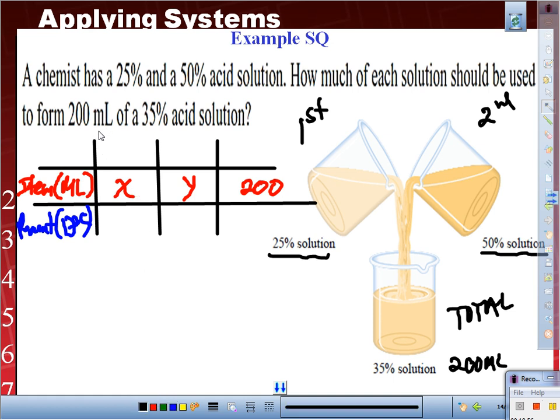Ethan. Okay. Which is how much? This one, 25%. And this one? Third. Total mix, which is 35%.